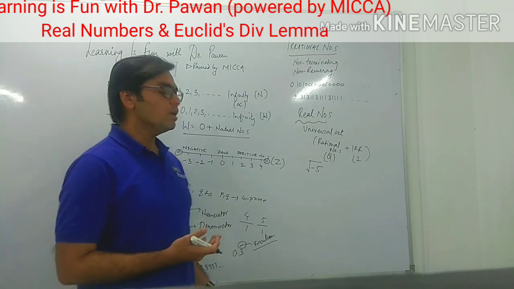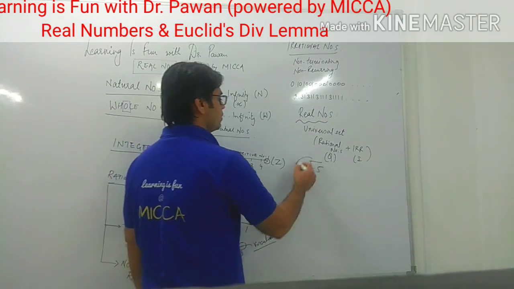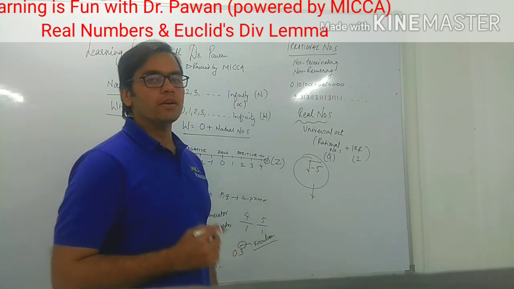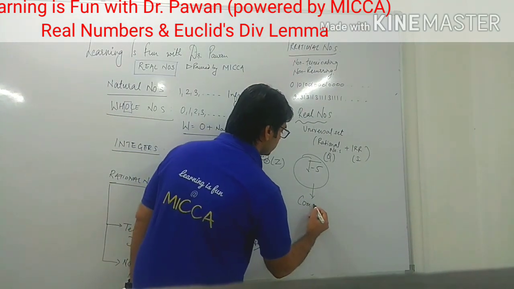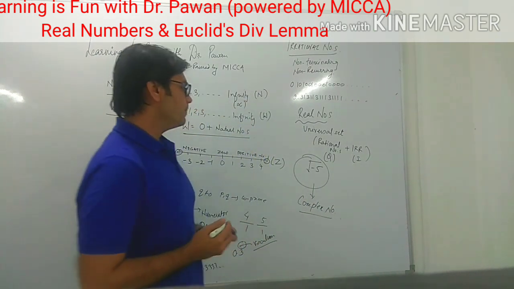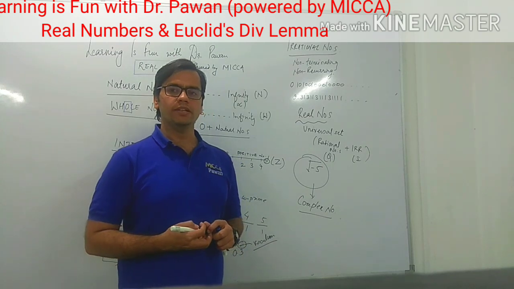So where does it go? It belongs to another set of numbers which you will study in your higher standards. For CBSE, this will be in 11th if you're taking science as a stream. This is known as complex numbers. So simplistically, the roots of negative numbers are your complex numbers.